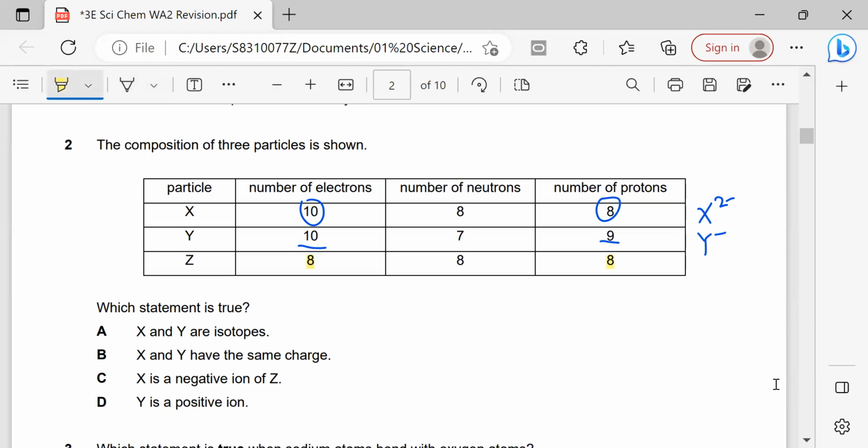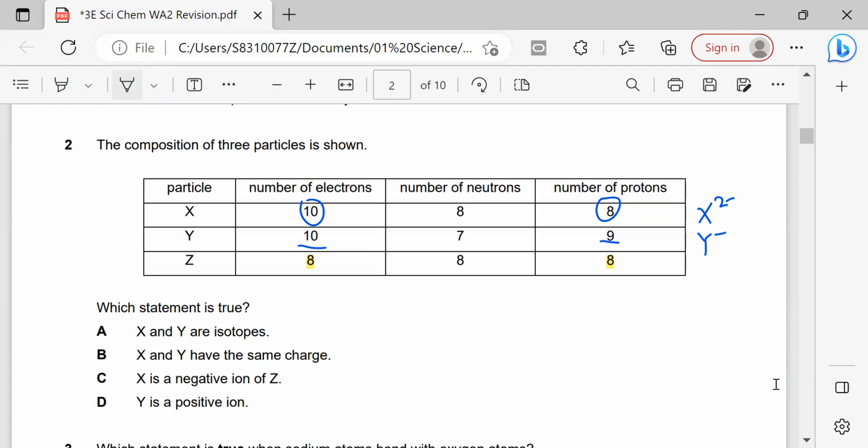This means that this is none other than an atom. It is not a positive or a negative ion. Another thing to take note of is the number of protons. You realize that particle X as well as particle Z are both of the same element.